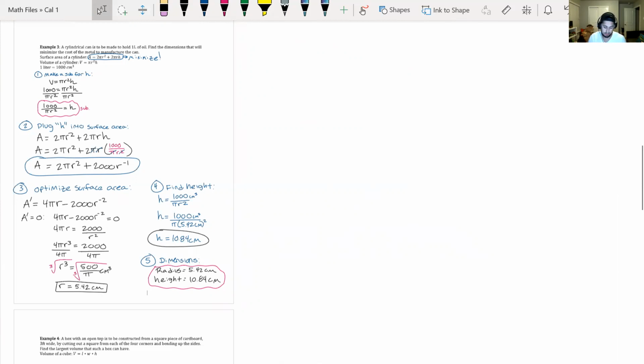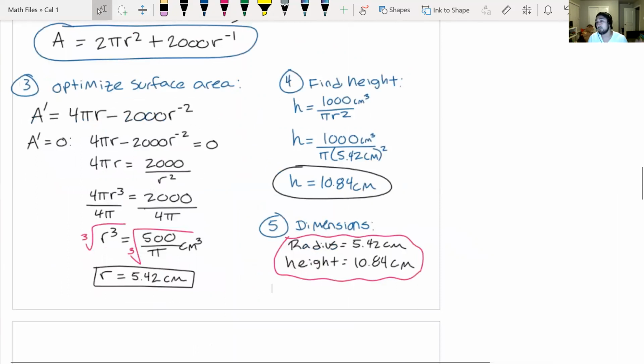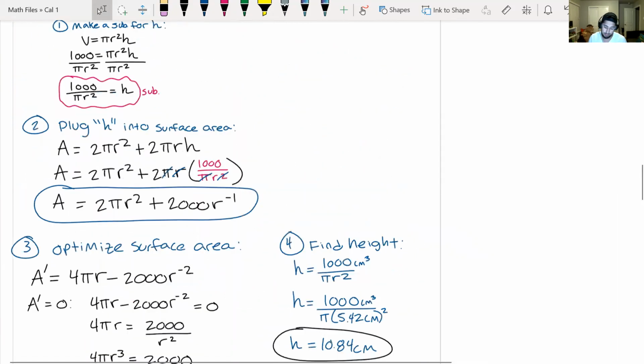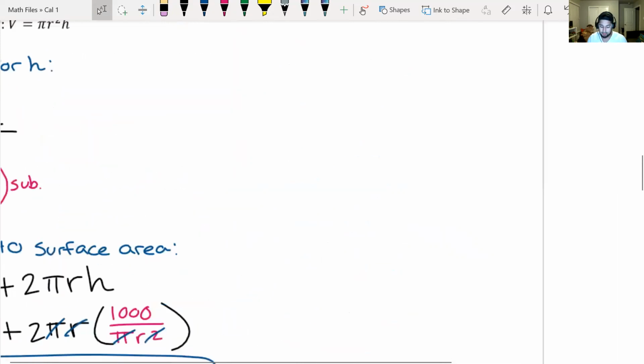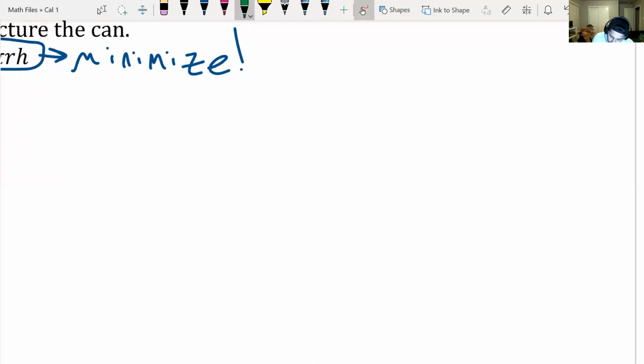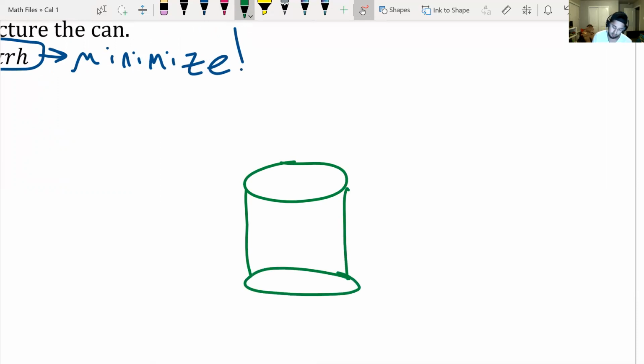All right. I didn't even draw a diagram for that. Didn't need one, but we could have used one, right? Should I even try and draw a can? Let's see. Don't be mad at my can skills. Close enough. Let's try that.